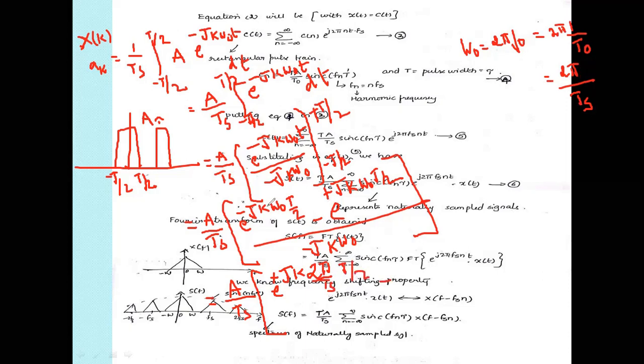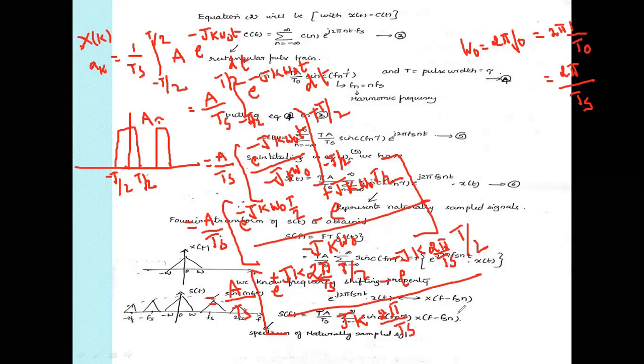After swapping these two terms, multiplying by the minus, we get the positive exponential first and the second one is a negative exponential: e power minus j k omega naught, that is 2 pi by Ts into tau by 2, whole divided by j k. Now here also you can substitute omega naught as 2 pi by Ts.